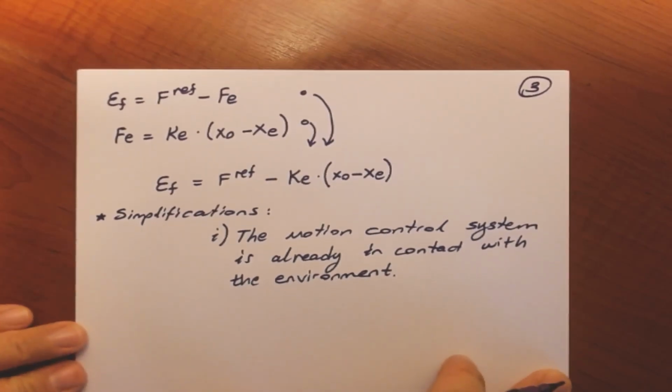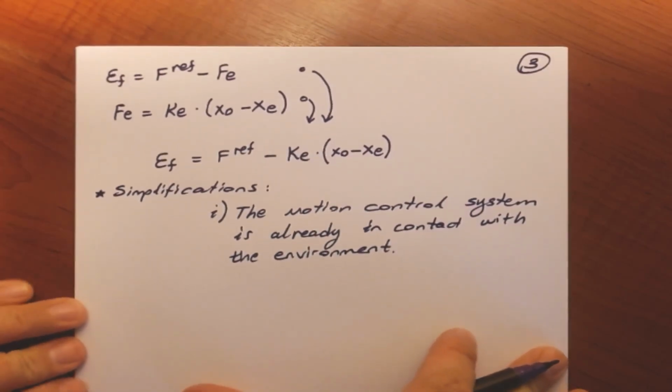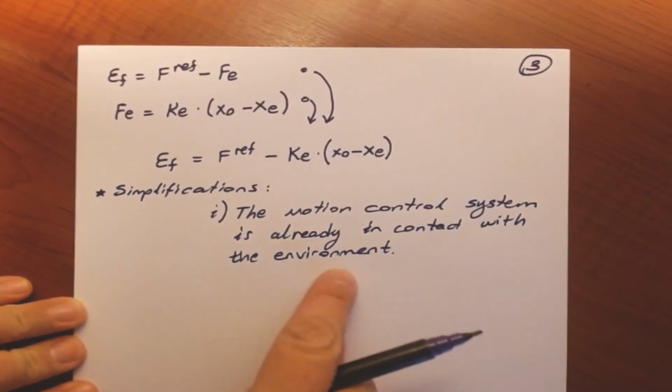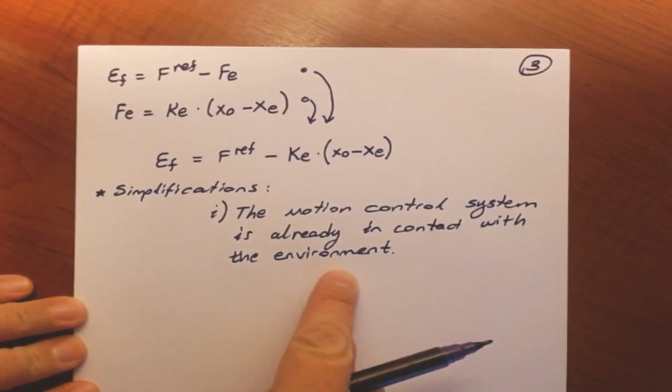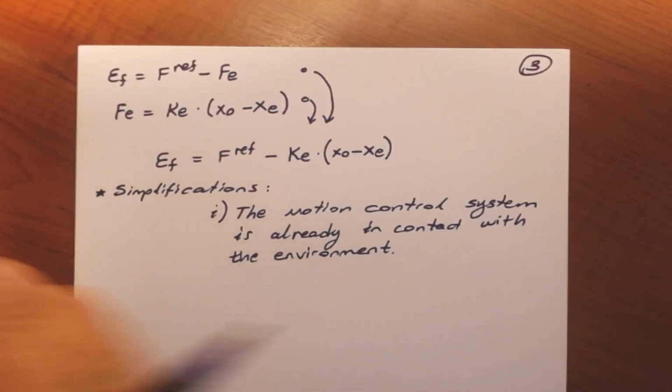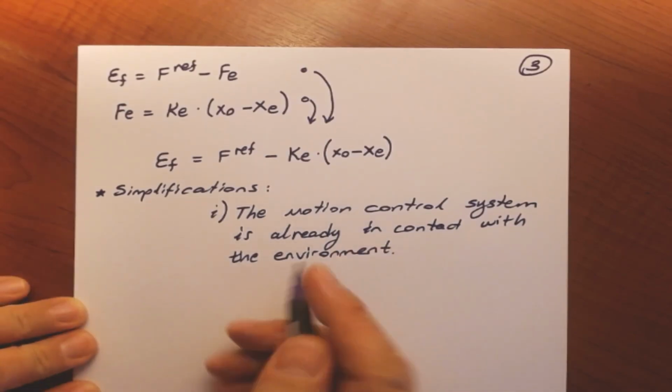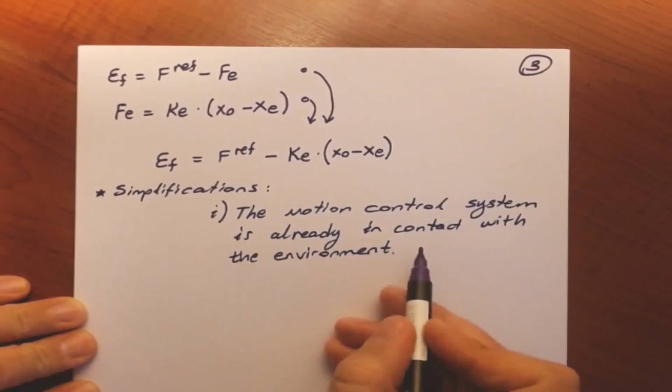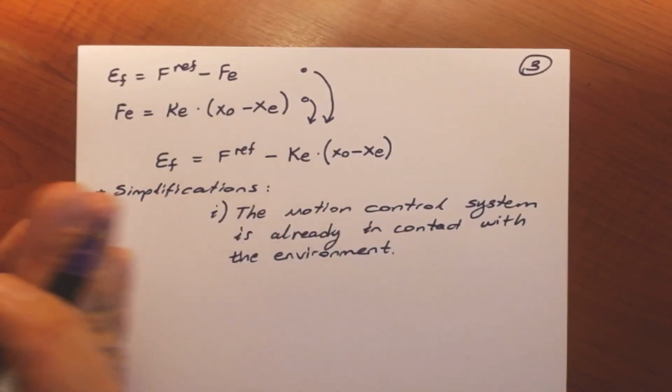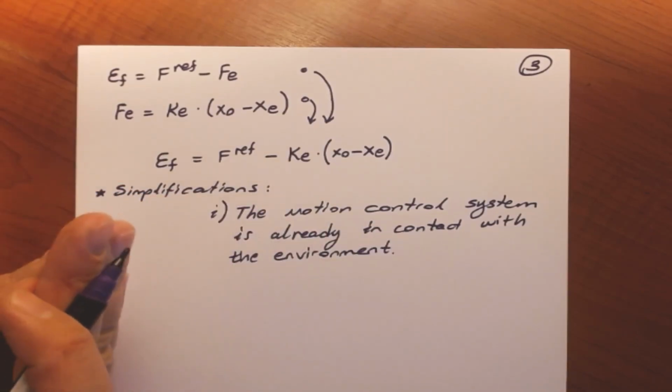I'll try to analyze the cases with you when there's no direct contact with the environment and the initial position is starting from a point without direct environment contact. But for the timing, let's assume that initial contact with the environment is already established.